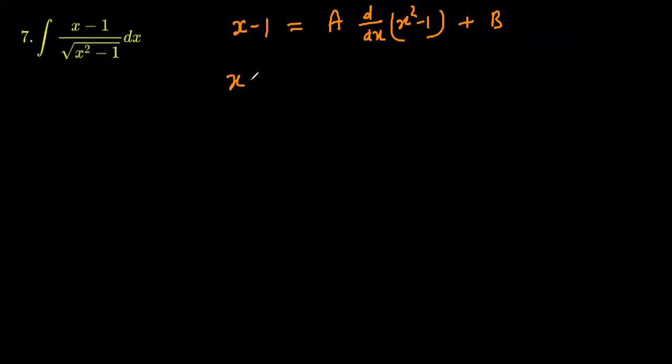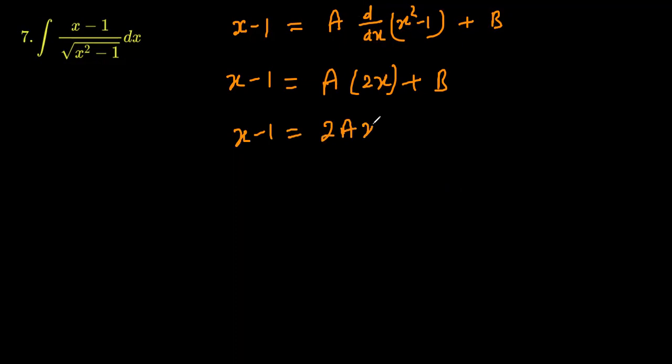Now this means x minus 1 is equal to a times the derivative of x squared minus 1, which is 2x, plus b. So we get x minus 1 is equal to 2ax plus b. This means we can equate the coefficient of x.